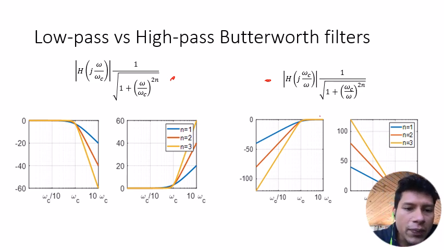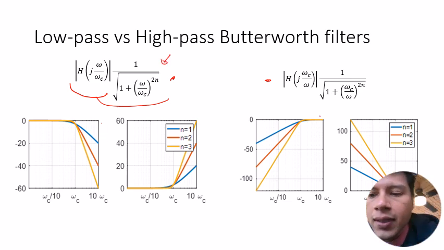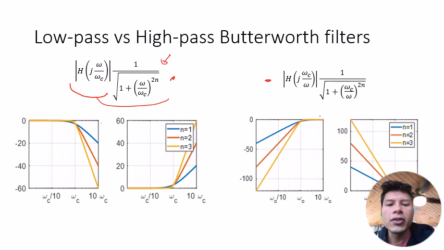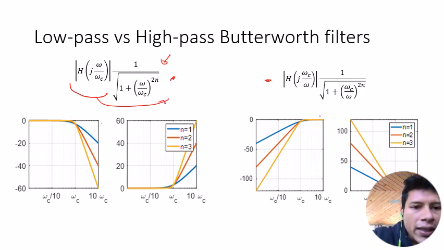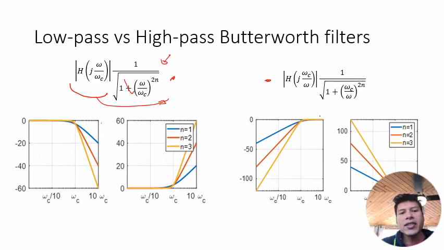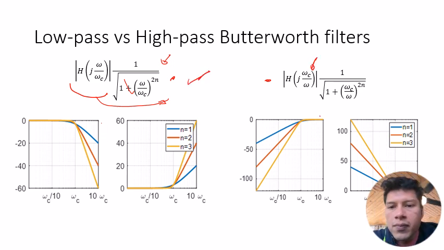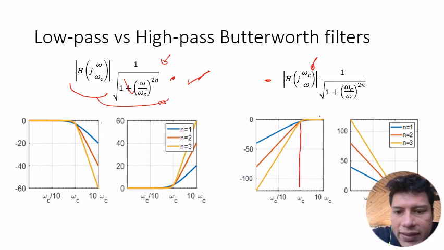So as it turns out, if I have this H of j omega, which is my frequency scale Butterworth filter response, if I replace my argument from omega over omega c to omega c over omega, I get a high pass filter with a cutoff frequency still at omega c.